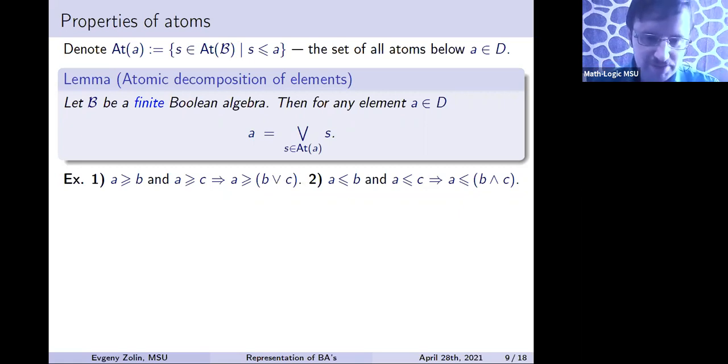The minimal element that is bigger than B and C. And here, this property shows that B and C, B intersection C, is the biggest element that is smaller than B and smaller than C.